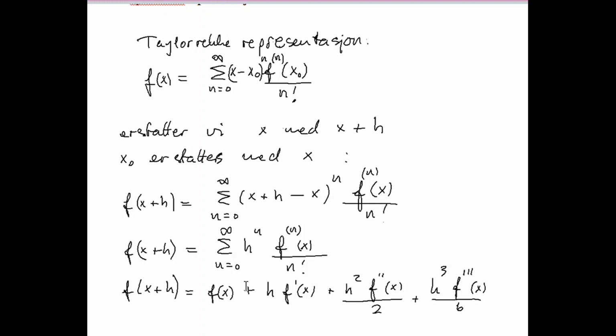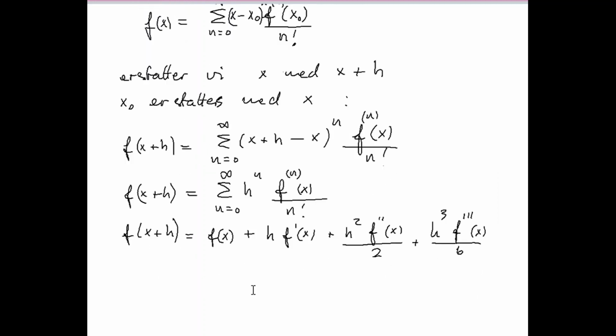When n is equal to 1, we obtain this term, and when n is equal to 2, we get this term. And we also take the last term here when n is equal to 3. Of course, we get infinitely many other terms as well, but let us just focus on these first terms.